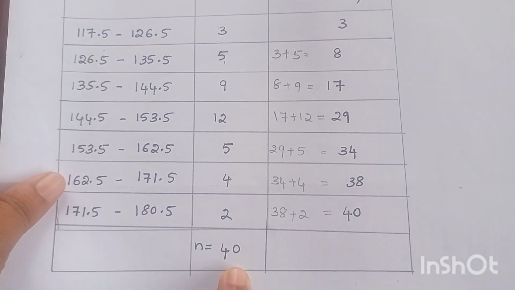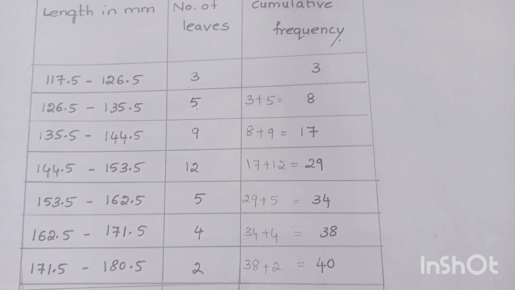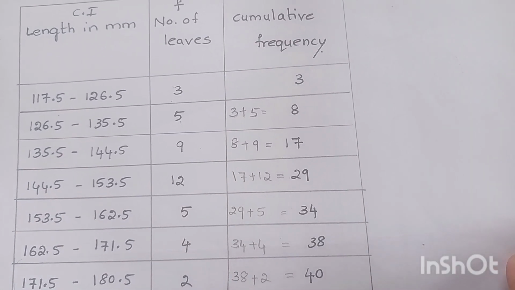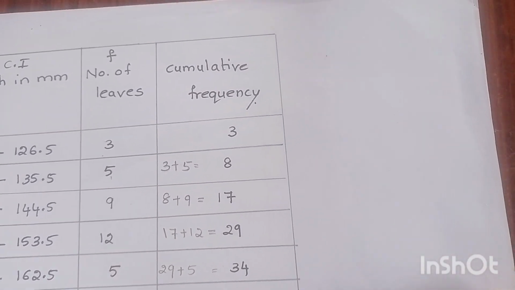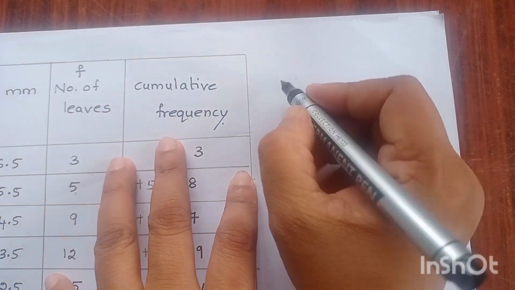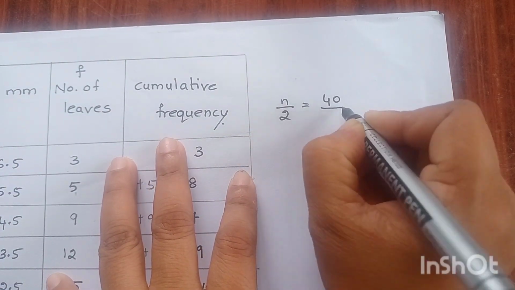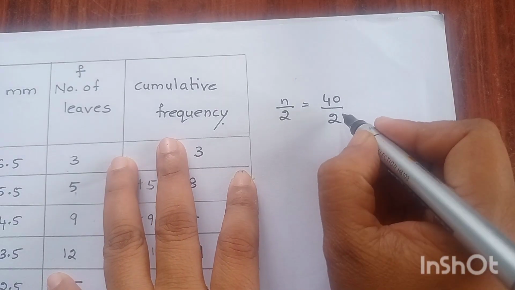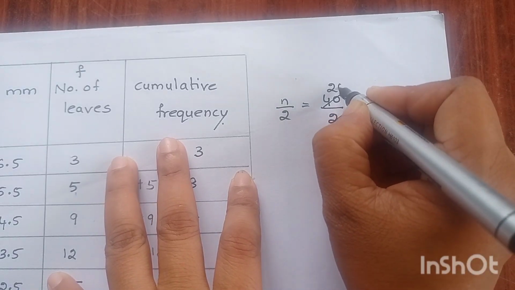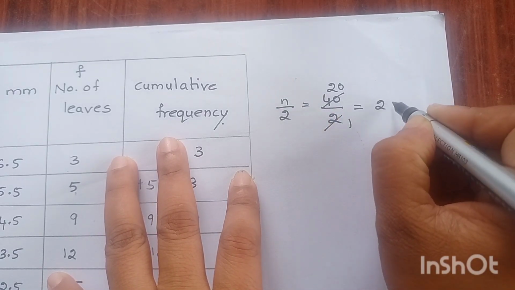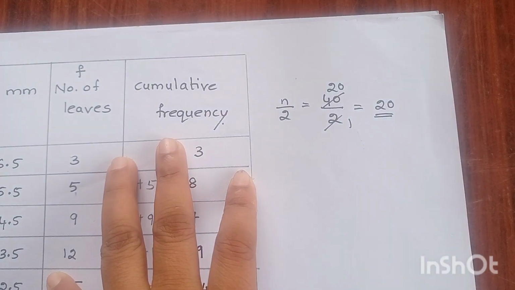Now, to identify the median class, we know that we have to find n by 2. That is 40 divided by 2, which is 20.